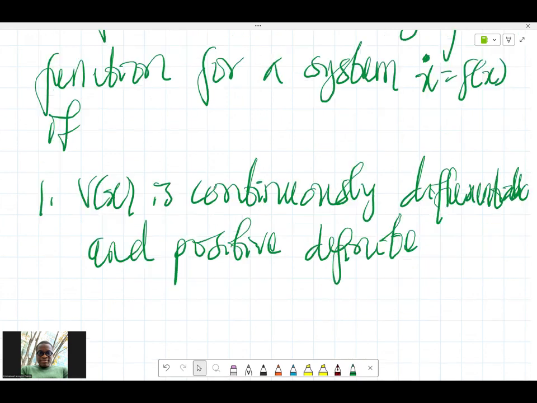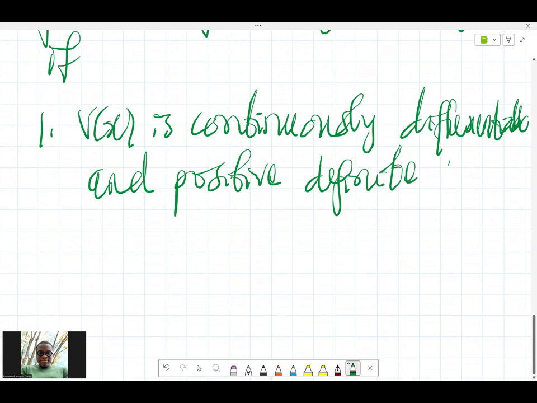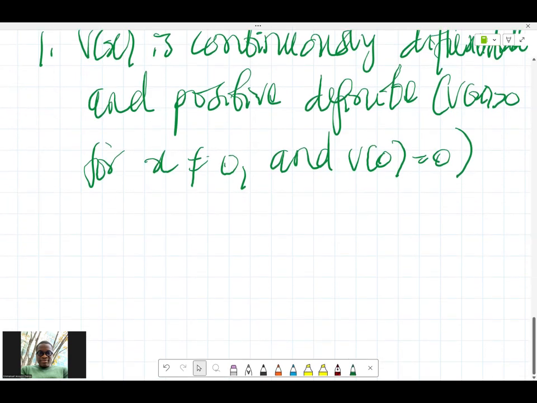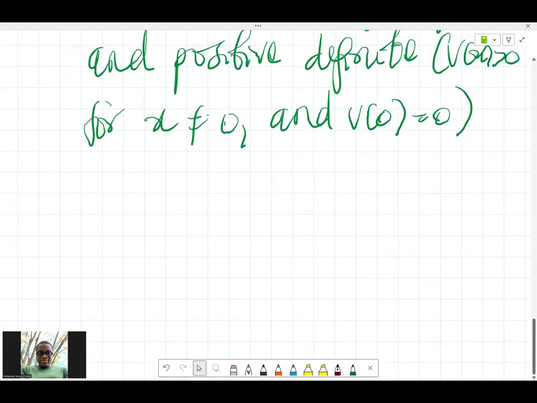Positive definite simply means that V of x is greater than 0 for x not equal to 0, and V of 0 is equal to 0. When x is 0, the function is 0. When x is not 0, the function is greater than 0. Basically, that's what positive definiteness is about.